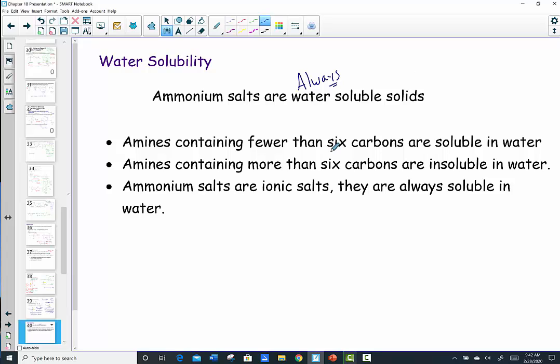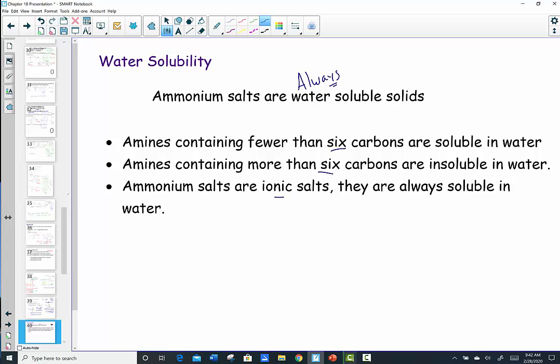Amines that contain fewer than 6 carbons are soluble in water. They have enough of a polar region where they can be water soluble. Amines containing more than 6 carbons have a nonpolar region that's too great, and so it is insoluble. And remember that ionic salts are always, always, always soluble.